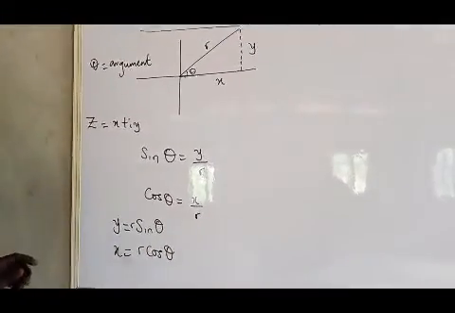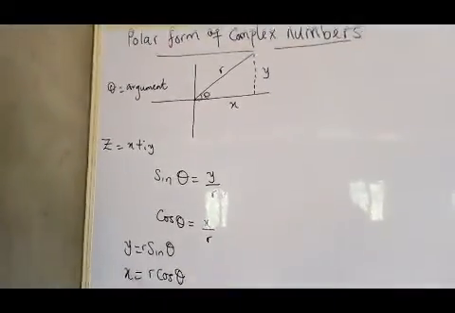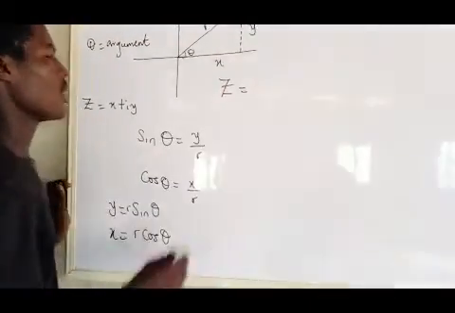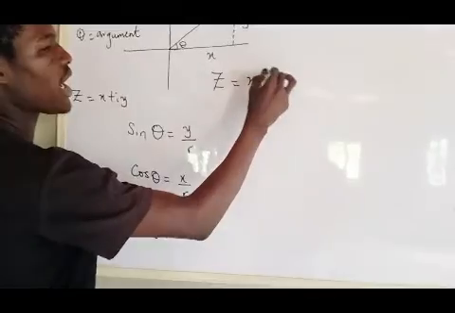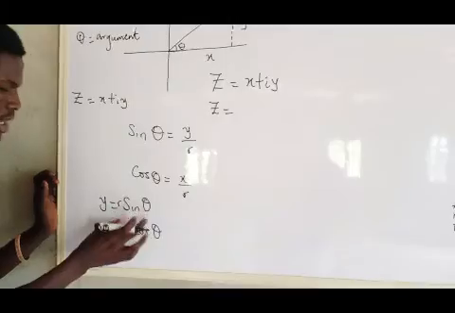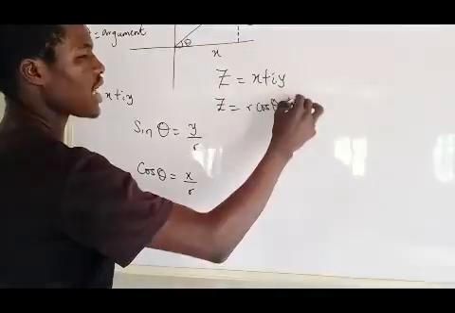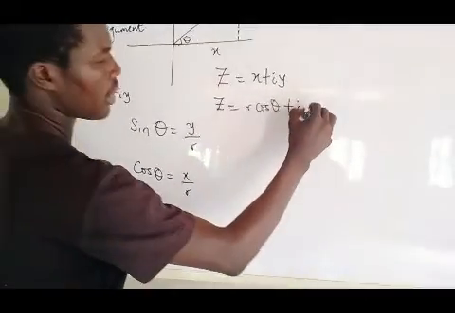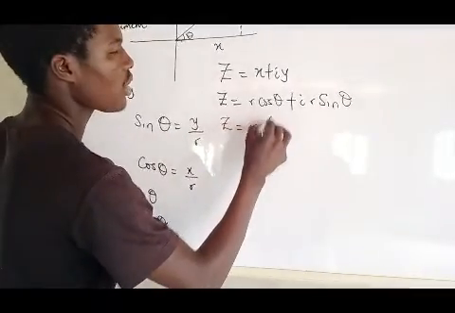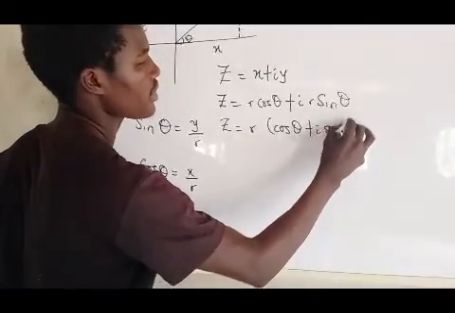Now, if we replace it under our standard complex number form, x plus iy, z equals, my x is r cos theta plus i r sine theta, and that means our z can be r times cos theta plus i sine theta.